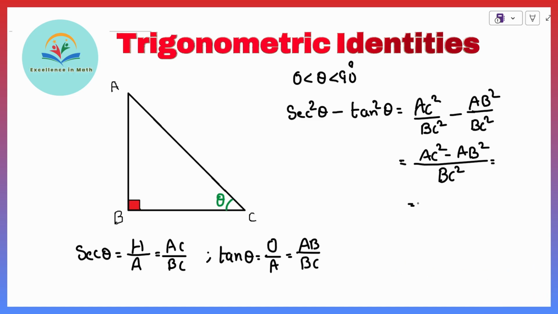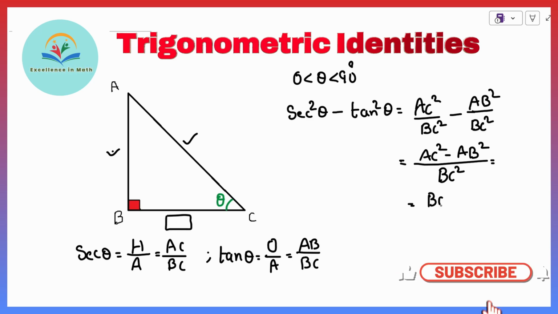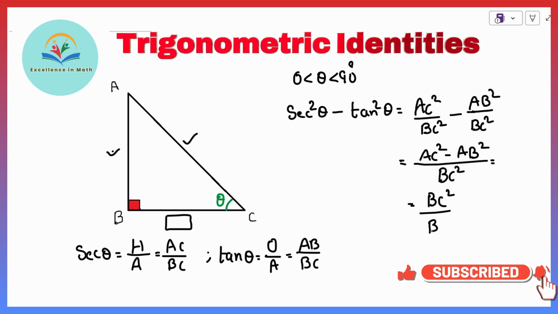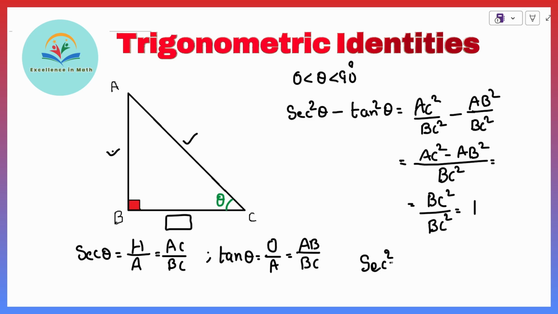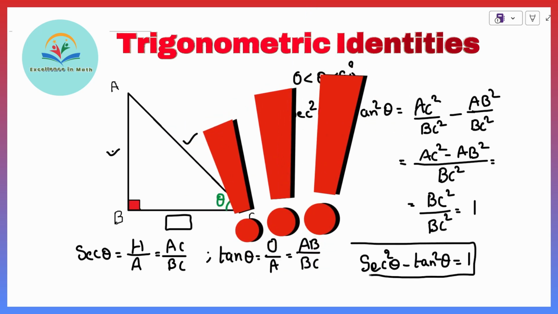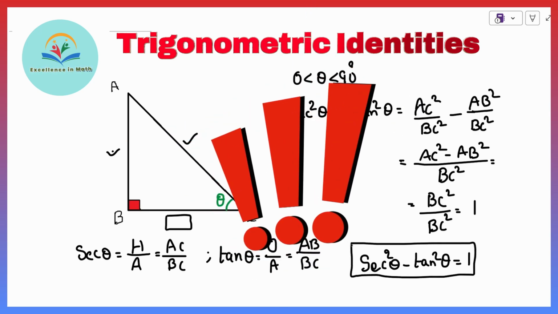And we know that AC square minus AB square always equals BC square, with the help of Pythagoras theorem. See, again we got BC square over BC square, that is equal to 1. So we understood that for any acute angle theta, secant square theta minus tan square theta is always 1. This is the most important second identity of our trigonometric ratios.